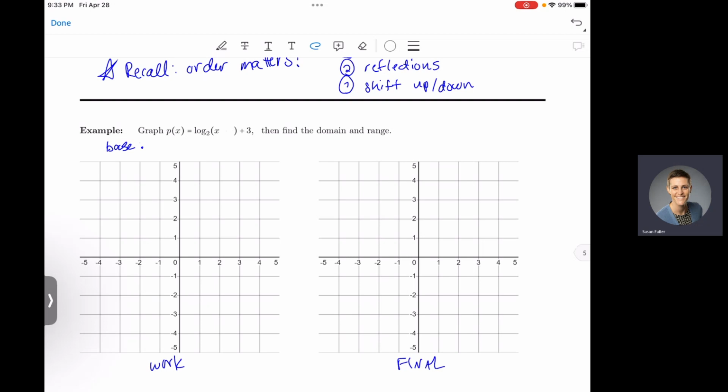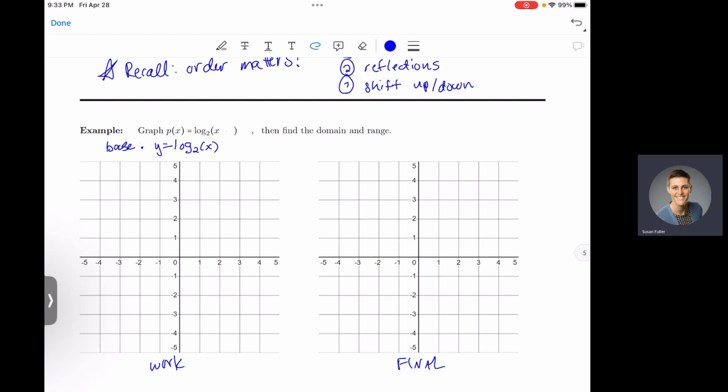And this plus 3 outside, that also causes a transformation, so let's cover that up. If we cover up anything that creates a transformation, what is left? Yep, y equals log base 2 of x.